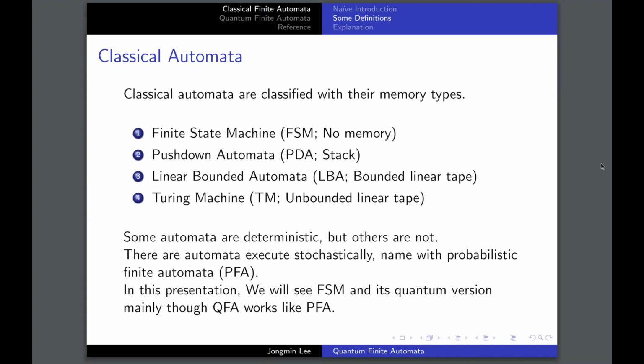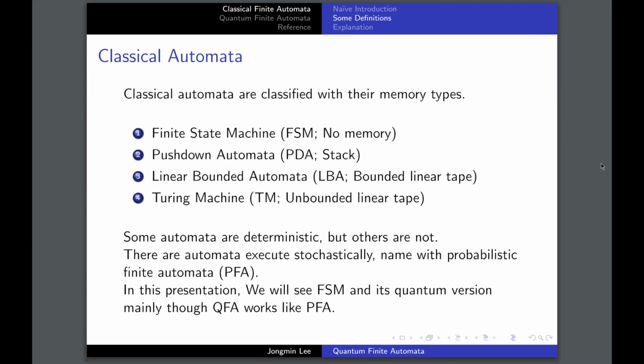There are also automata which execute stochastically, and these are named probabilistic finite automata. Actually, quantum finite automata are related to PFA, but I will introduce only the basic model, FSM, and QFA.